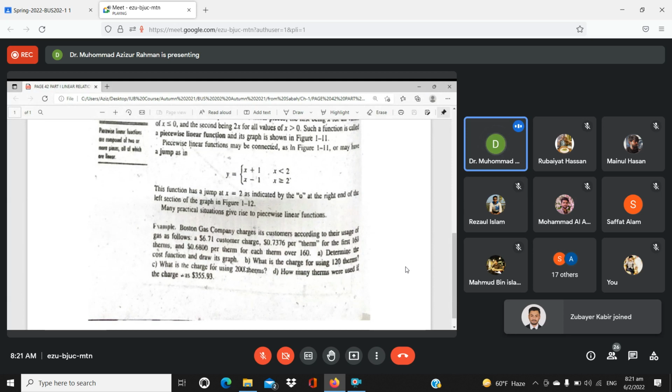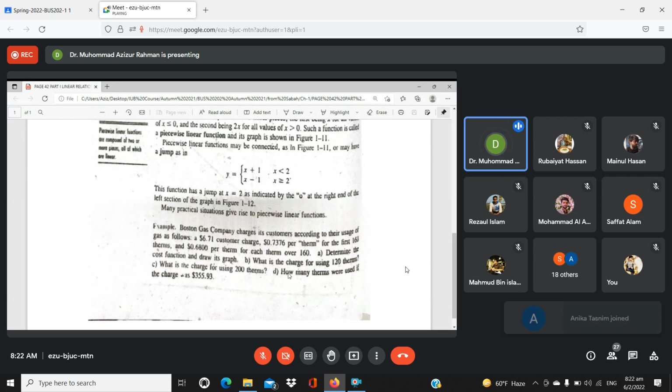Then the second part: what is the charge for using 120 therms? There is a condition given, for the first 160 therms you are paying 0.7376 per therm. And what is the charge for using 200 therms? Another condition: if you use 200 therms, what will be your charge?